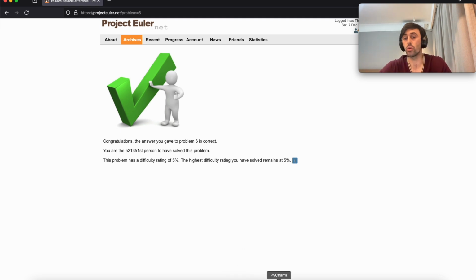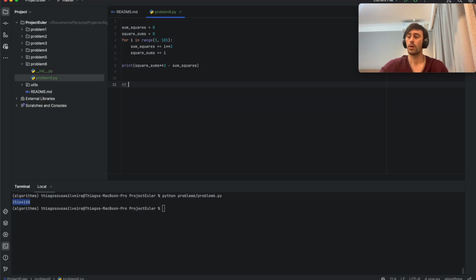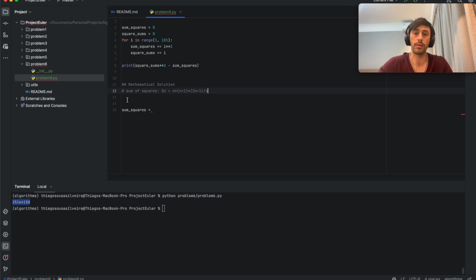Yes, this is one way to solve this problem, but there is also a mathematical way, right? So in the mathematical way, we're going to use sequences to calculate this. In this case, for the sum of the squares, there is a formulation, which is defined as n multiplied by n plus 1 multiplied by 2n plus 1, and all of this divided by 6.